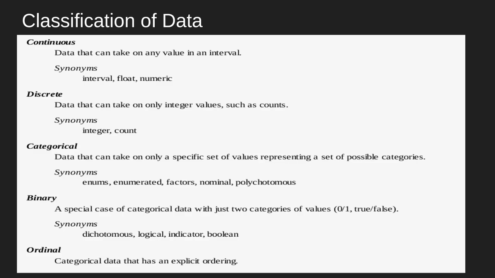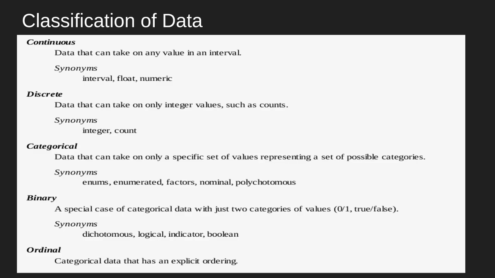How many numbers are there between 1 and 2? If we are thinking in terms of real numbers or float values, then we have an infinite number of values lying between 1 and 2. This kind of data is called the continuous form of data. They are continuous, there's no break between one value and another, and there can be infinitely many points between a given range of values.